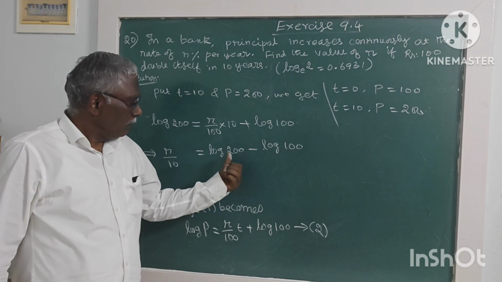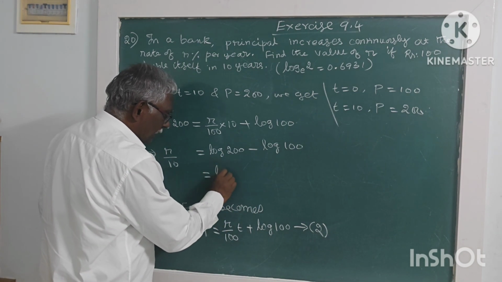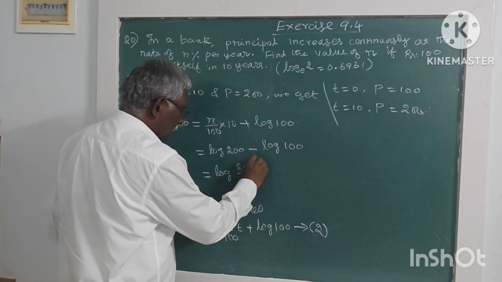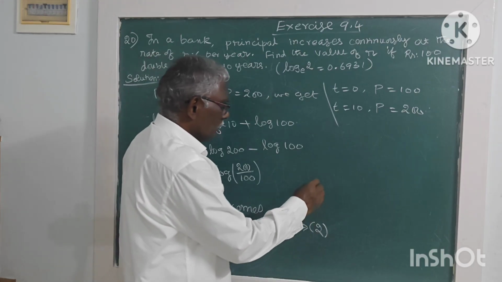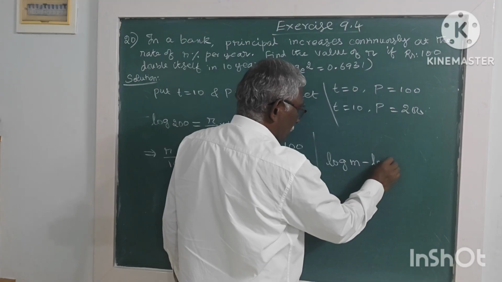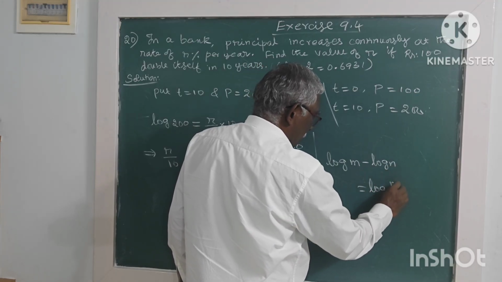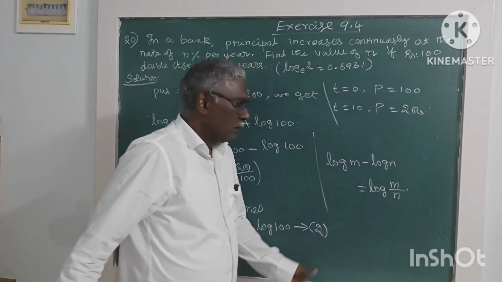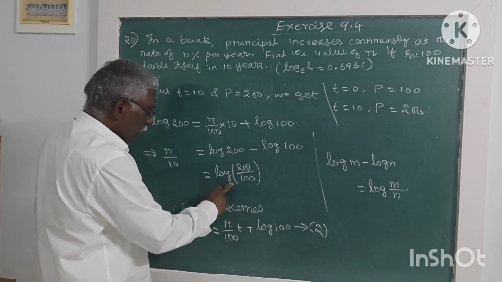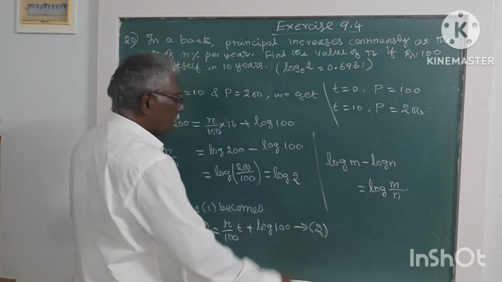This is in the form of log m minus log n. That is nothing but log m by n, log 200 by 100. Log m minus log n is log m by n. So this is nothing but log 2.